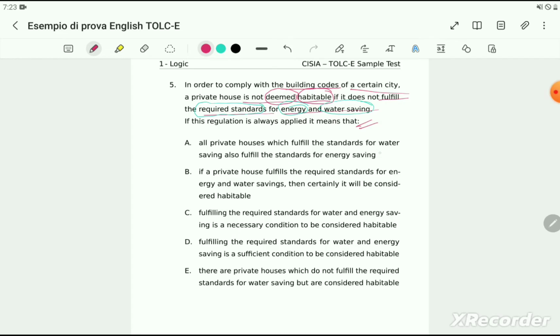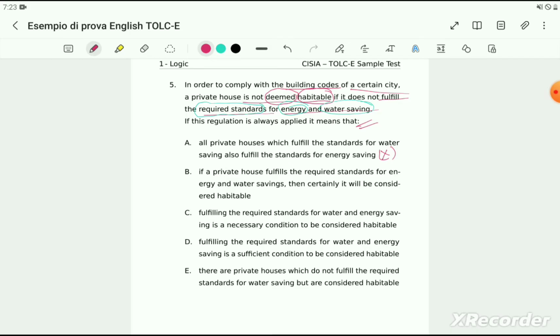No. Why no? Because of course there are some houses that cannot fulfill the water savings or the standards of energy savings.